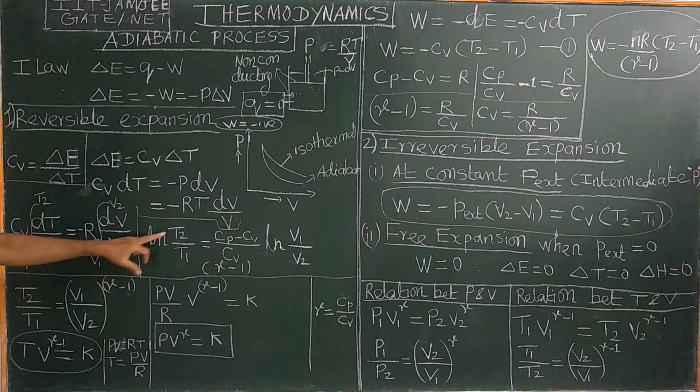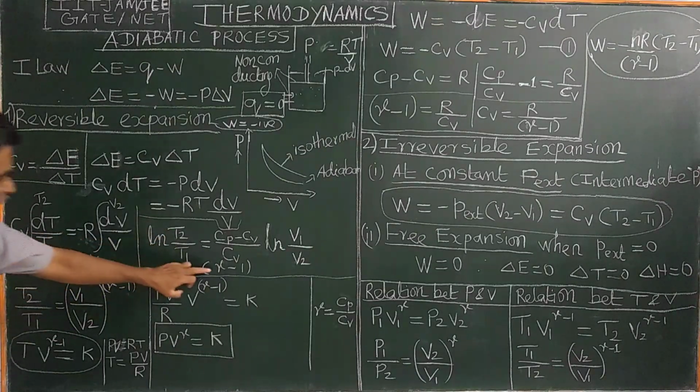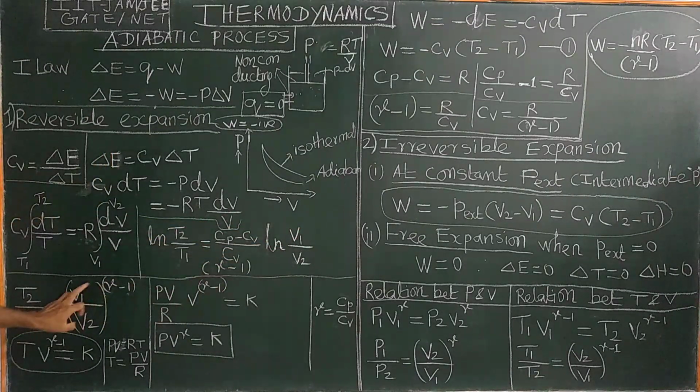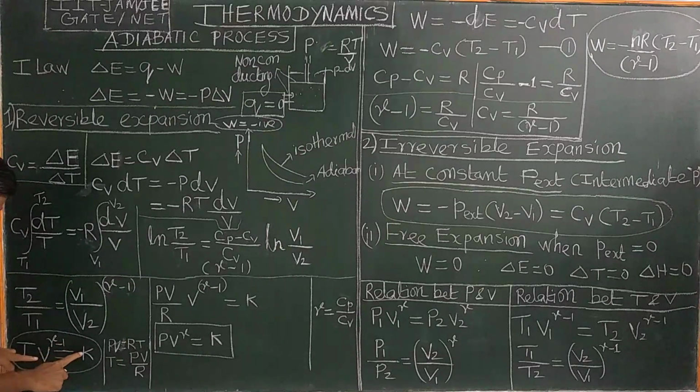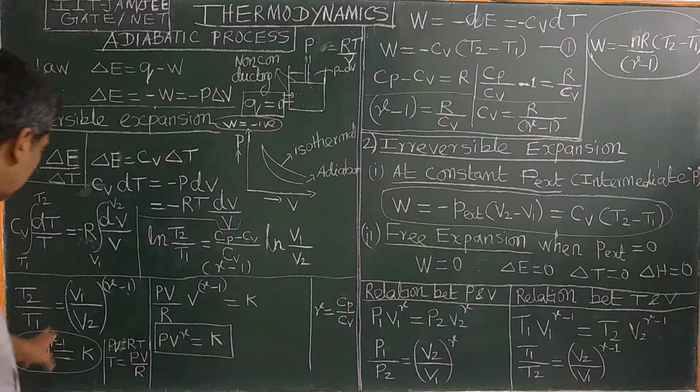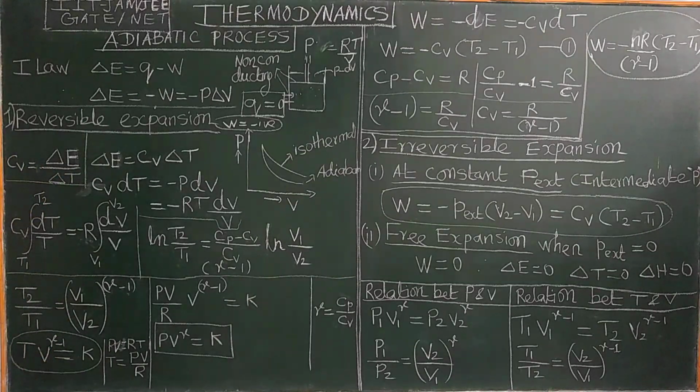Now see, T1 by T2 equals V2 by V1 to the power gamma minus 1. Therefore, you bring it here: T1 V1 to the power gamma minus 1 equals T2 V2 to the power gamma minus 1. Therefore TV to the power gamma minus 1 is constant. This is the relationship, and it is very, very important. This is the relationship between temperature and volume in terms of gamma.